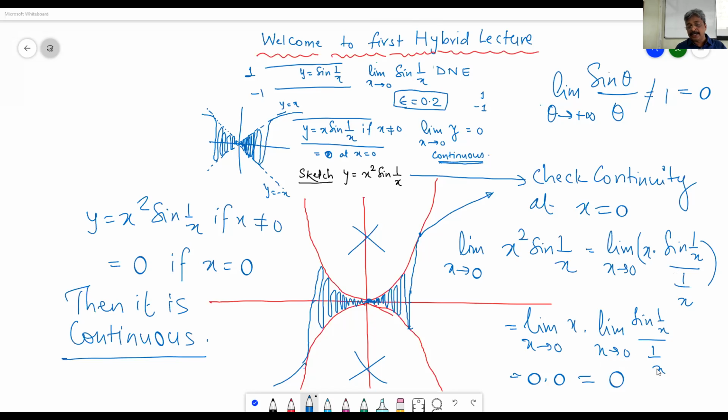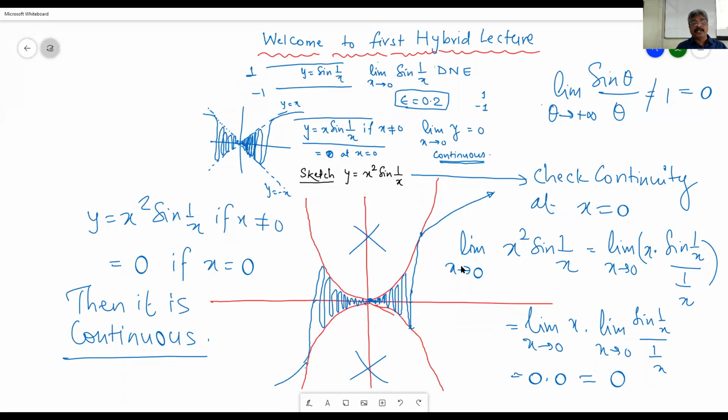That means the denominator is tending to either plus infinity or minus infinity, depending upon whether you are approaching 0 from right side or left side, and the numerator is bounded between minus 1 to 1. So a finite number in the numerator divided by a big positive number or a negative number in the denominator will produce value equal to 0. So 0 into 0 becomes 0, and if you happen to define y is equal to 0 if x is equal to 0, then we achieve continuity.